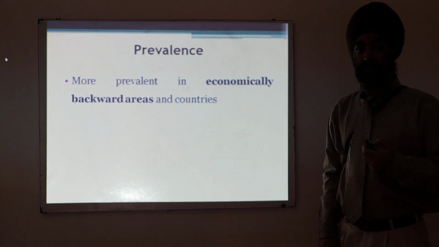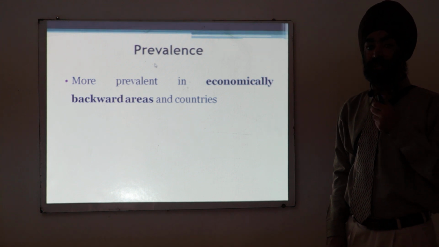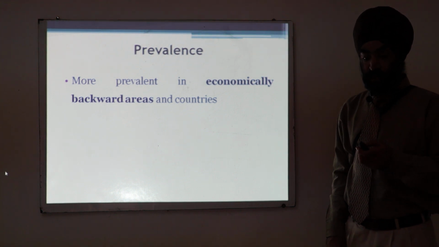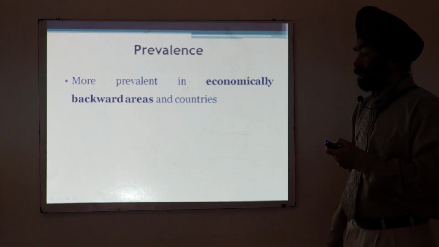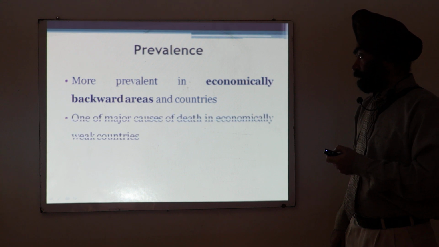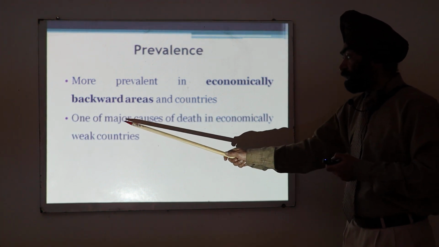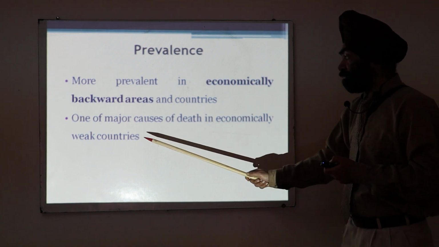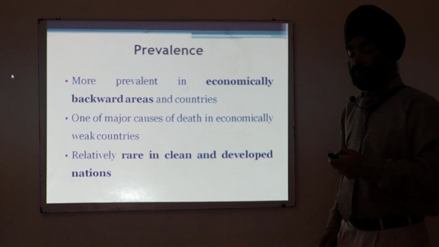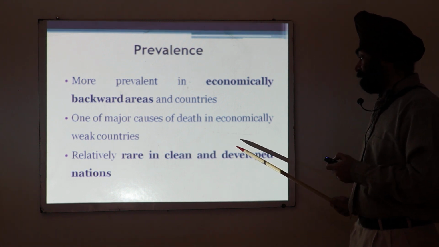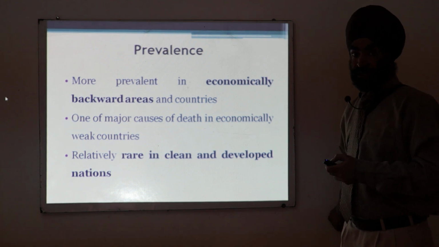Tuberculosis is mainly a disease that occurs in economically weak countries, the poor countries, because there is overcrowding, poor sanitation, and they are not living in good areas. So obviously this is one of the major causes of death in economically weak countries. But tuberculosis is not a common problem in clean and developed nations, though obviously it is a very problematic condition in developing countries like India.